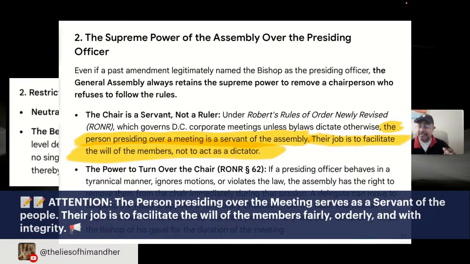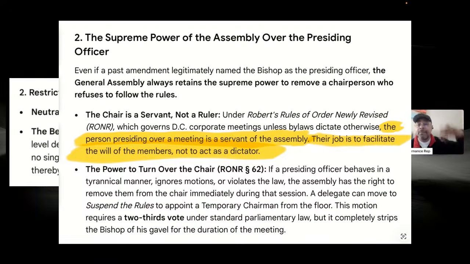You see this? A delegate, anybody, can get up and make a motion to suspend the rules to appoint a temporary chairman from the floor. Anytime they want, they can get up.